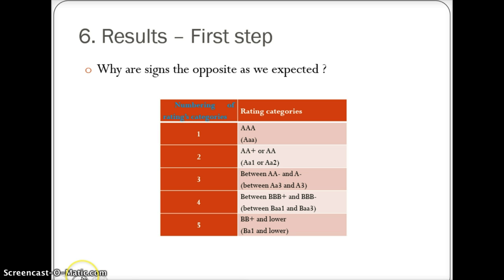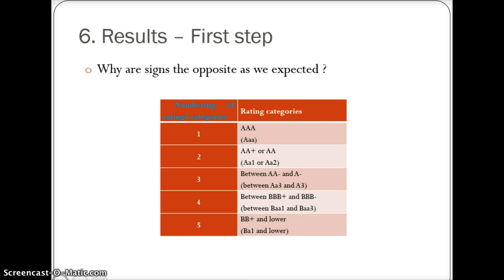We can now analyze the signs. All signs of significant variables are opposite to what was expected, but this could be explained by our numbering of rating groups. We will give an illustration of this. The rating AAA corresponds to class 1, whereas the rating AA+ corresponds to class 2.